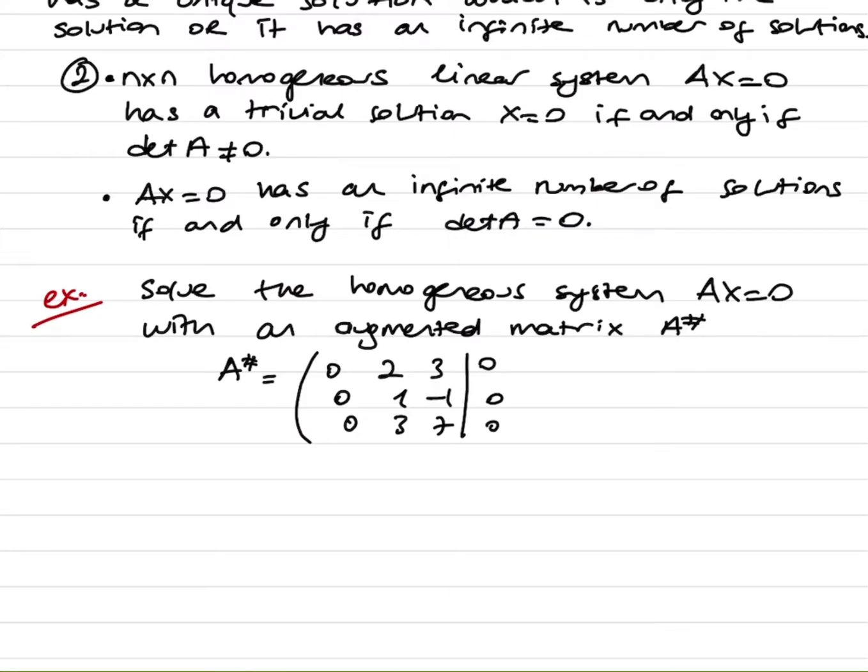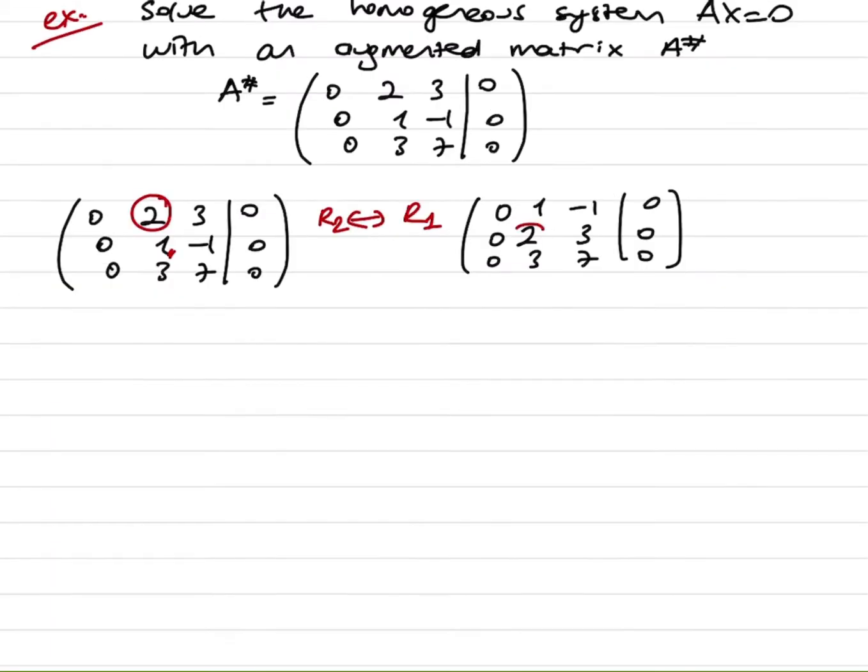So we will get 0 1 -1 0; 0 2 3 0; 0 3 7 0. Great. And now we will arrange this to be 0. So how do we do that? Minus 2 R1 plus R2, and minus 3 R1 plus R3, and we will write it as R3.